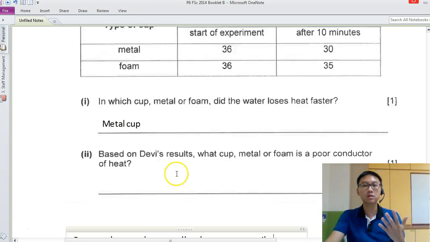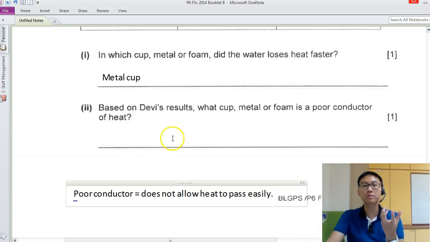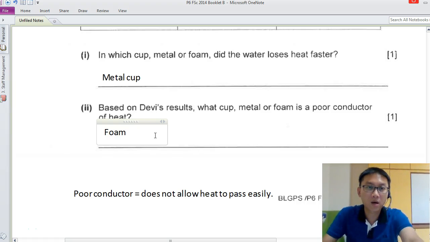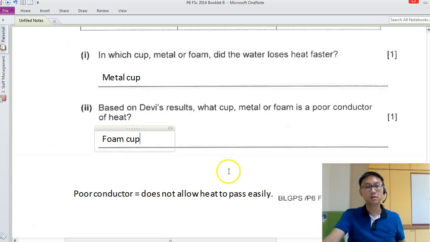So which one blocks the heat? It's quite obvious, and you can even use common sense. You know that the foam is the one that blocks the heat. That's why we always use foam cups to hold our hot drinks, because it will not allow my hot drink to cool down so quickly. Because foam is a poor conductor of heat. Can understand?